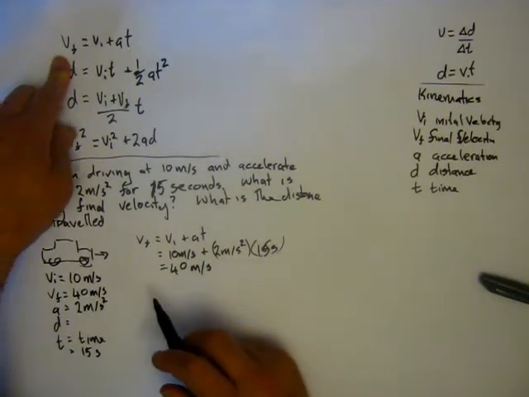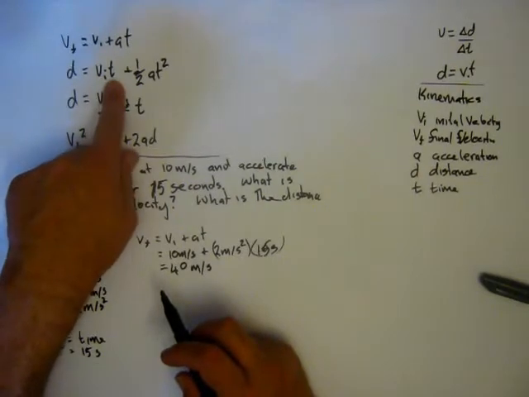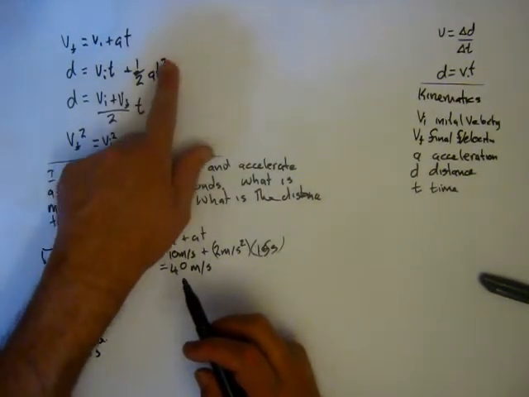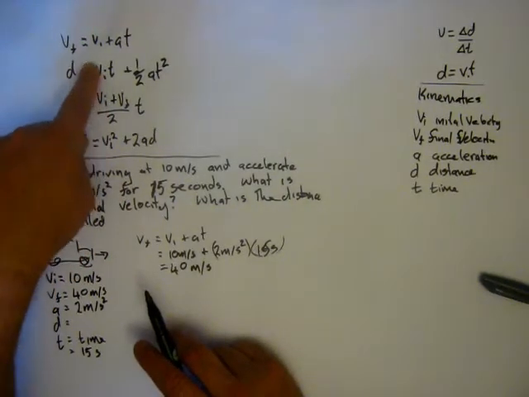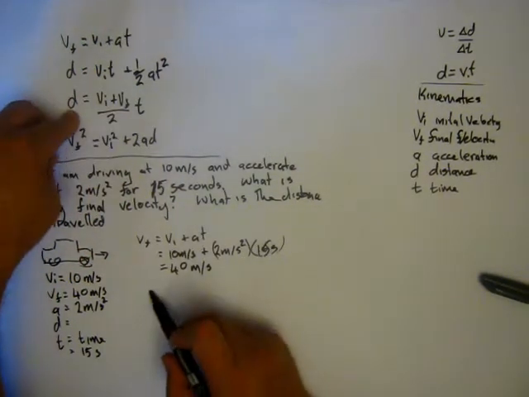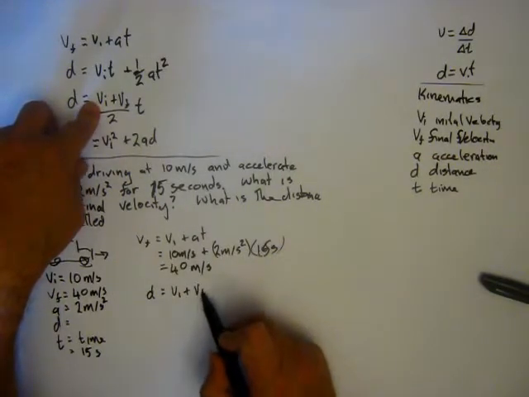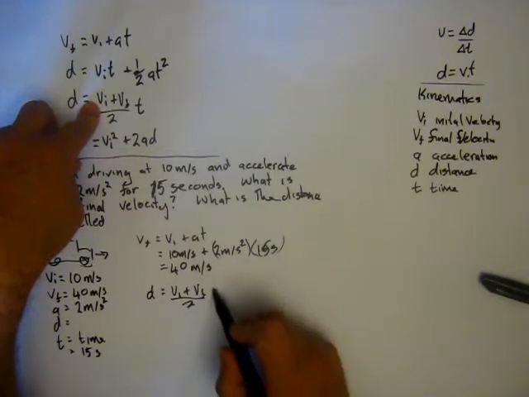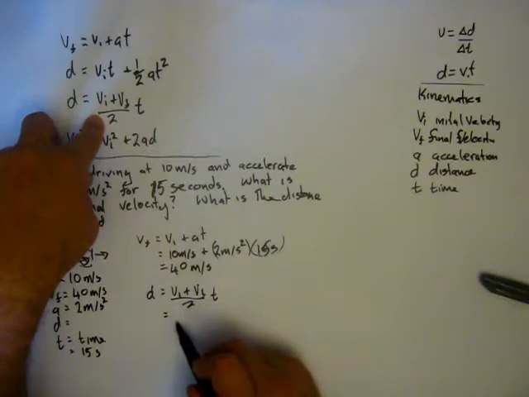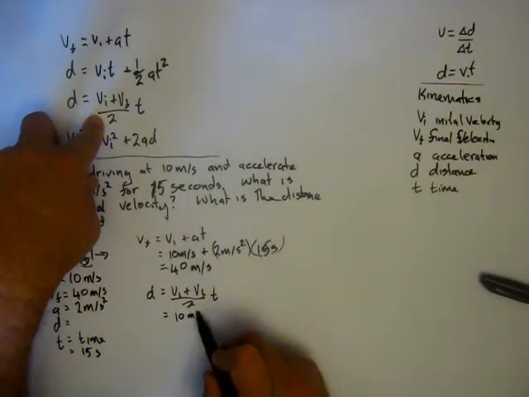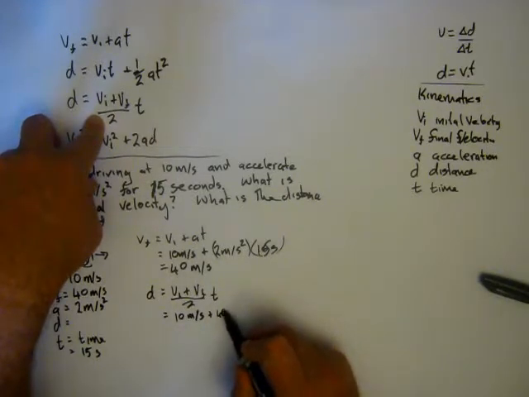What's the distance travelled? Well, I can choose this one because I know VI, I know T, I know A. I'm going to use this one because compared to that one I don't have to do a square. So D equals VI plus VF, take the average, times the time. VI is 10 meters per second plus VF is 40 meters per second.